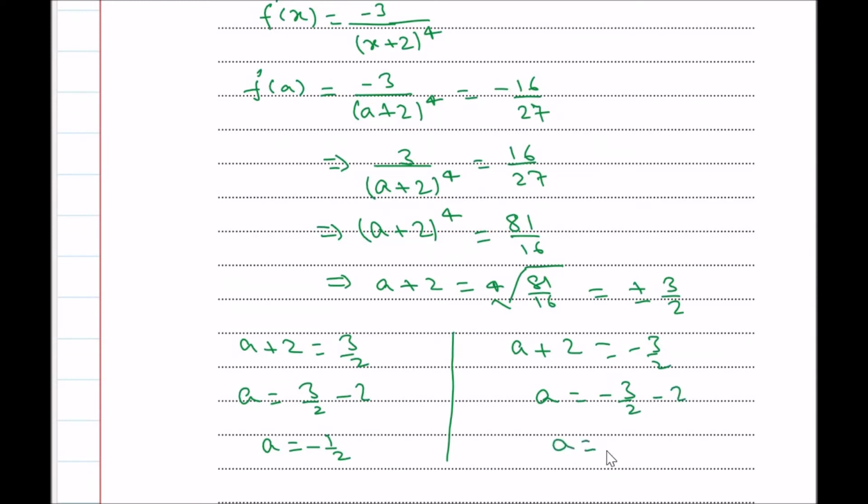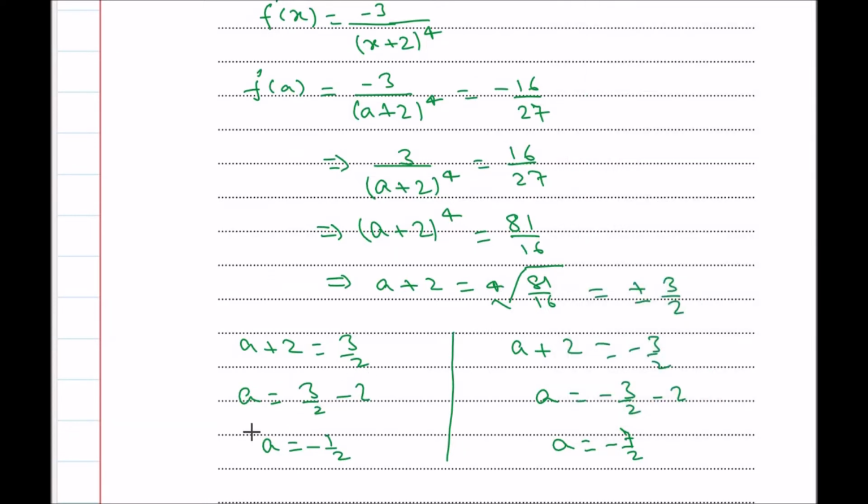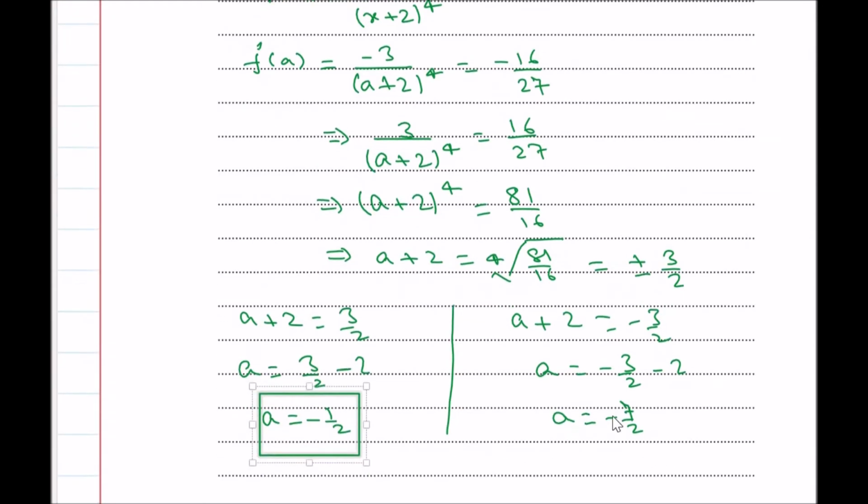So a equal to minus 7 by 2. So we got the possible values minus 1 by 2 and minus 7 by 2. In the box. So these are the two answers.